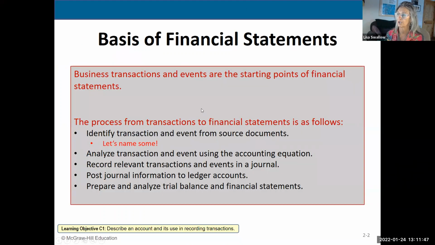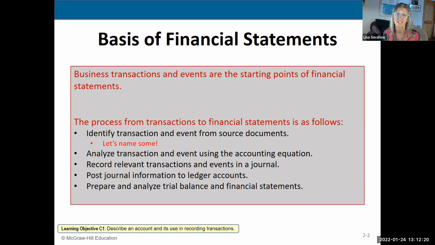As you well know, all of the transactions that go on in a business are the starting point for our financial statements. So step number one is to analyze source documents coming into a business. See if you can think of some source documents, like what sorts of things a business owner might be receiving, either in snail mail or digitally, that he or she needs to analyze and record.